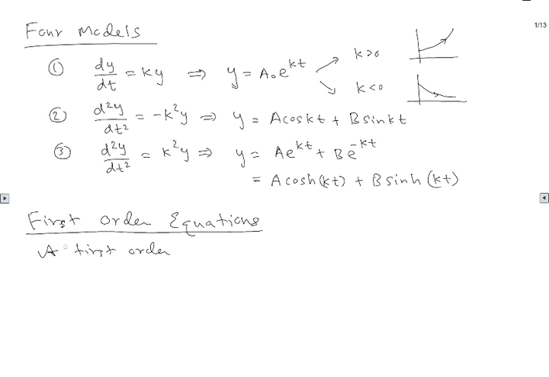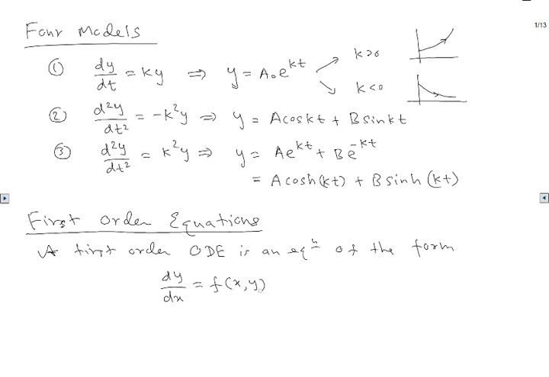A first order ordinary differential equation is an equation of the form dy over dx equal a function of x and y.